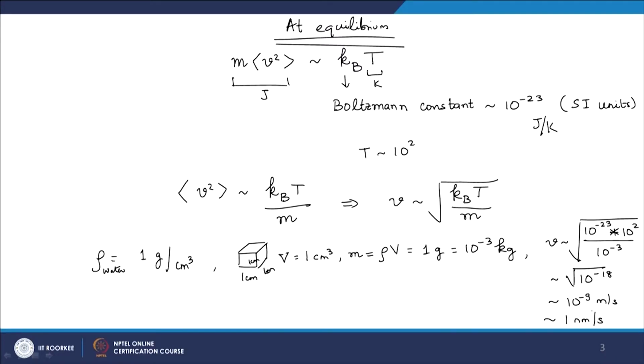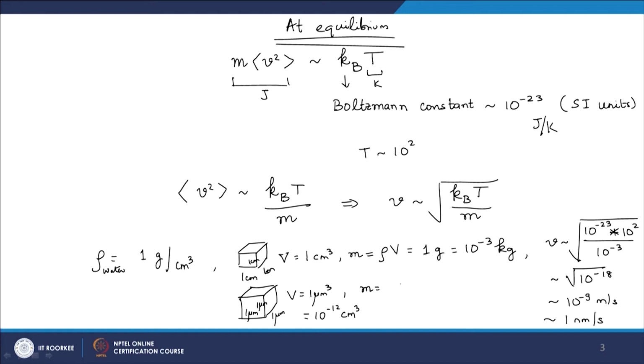But if we really go to smaller systems, let's say now we look at a block that is 1 micron each. Now the volume is 1 micron cube, and 1 micron is 10 to the power minus 4 centimeter. So it is 10 to the power minus 12 centimeter cube.